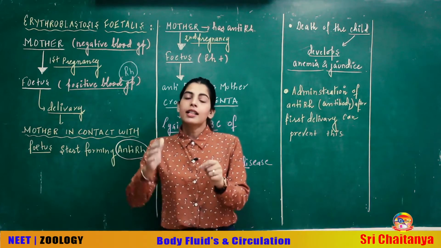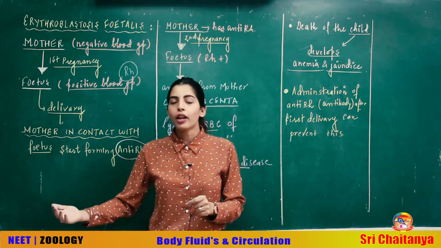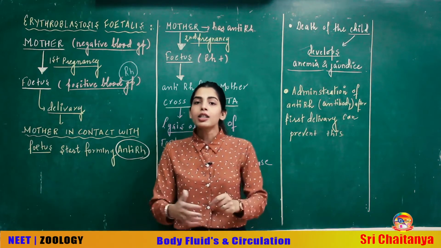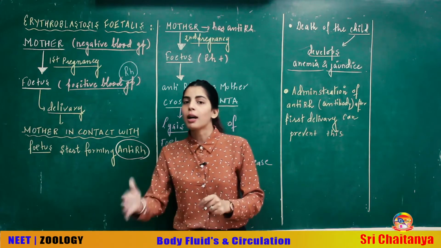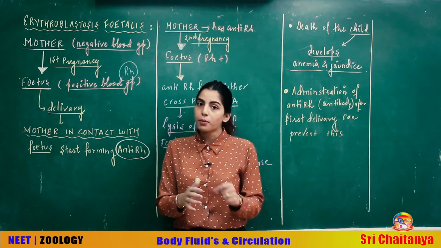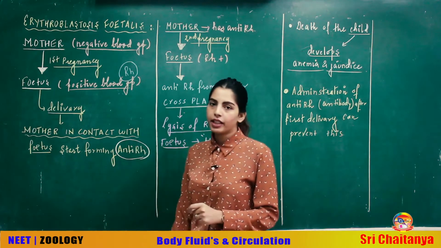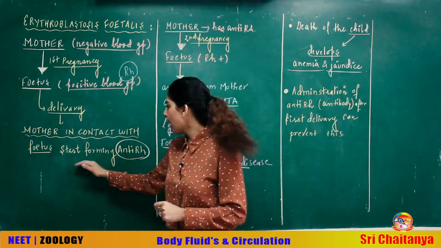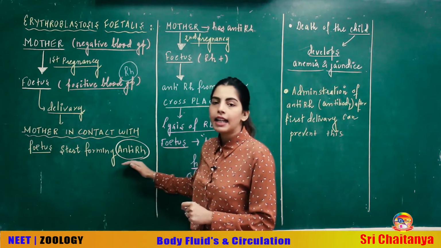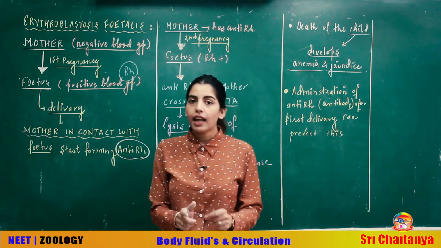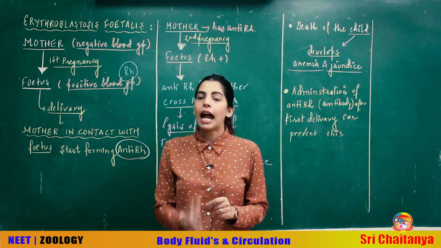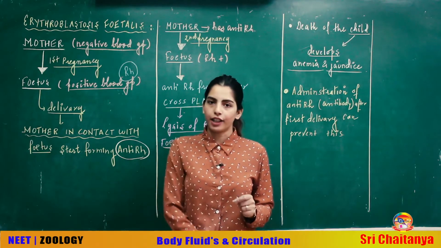The mother starts forming antibodies against that positive Rh antigen as soon as, after delivery, she comes in contact with that Rh positive. So that's what I have written, that the mother in contact with the fetus starts forming anti-Rh, and when I say anti-Rh, that means the mother has antibodies against Rh.